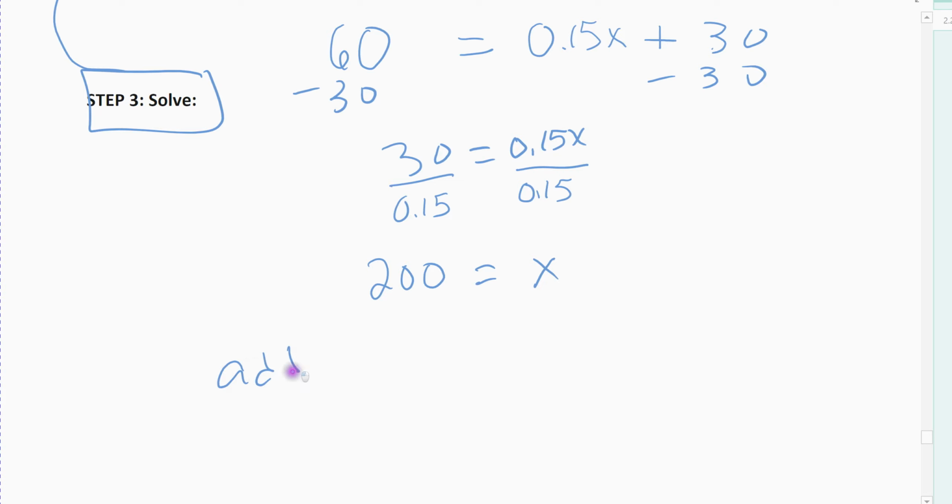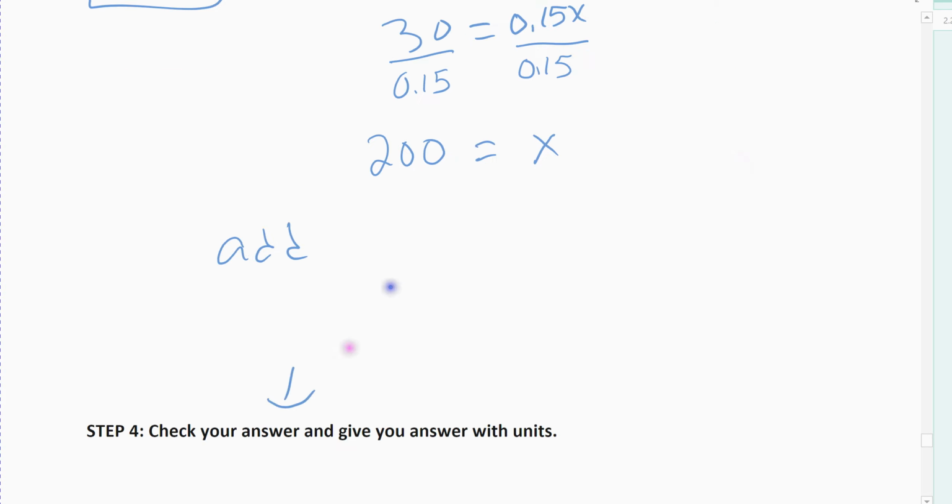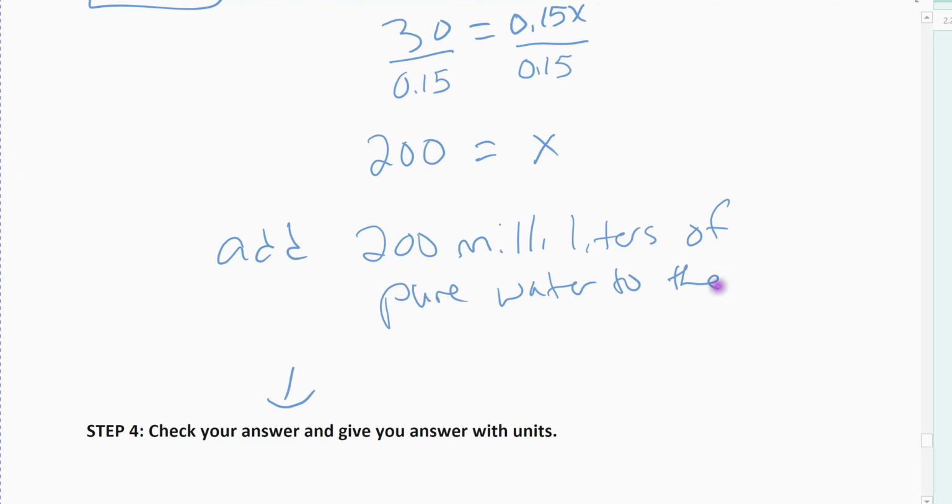So now my solution: add 200 milliliters of pure water to the original solution.